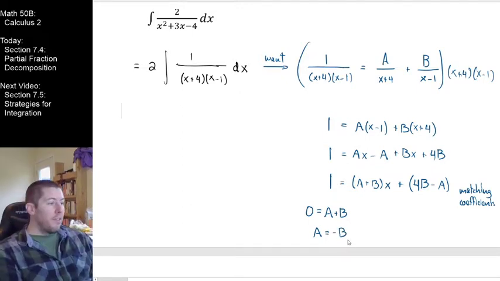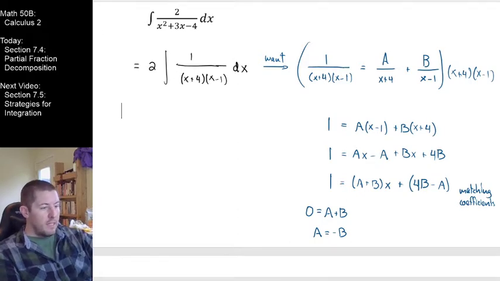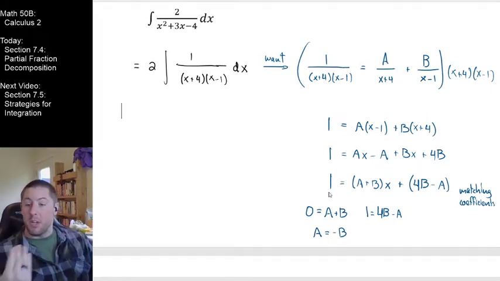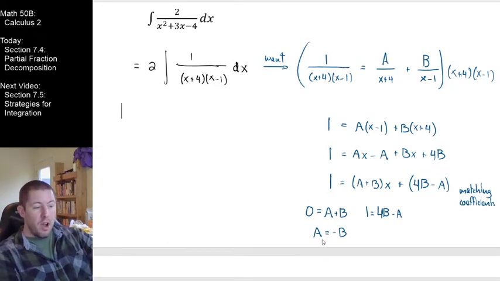The other thing that I'm looking at is that there is a constant of 4b minus a on the right and 1 on the left. I've matched the constant terms to the constant terms, and I've formed an equation for each of them. So you should now notice I now have a system of 2 equations, right?